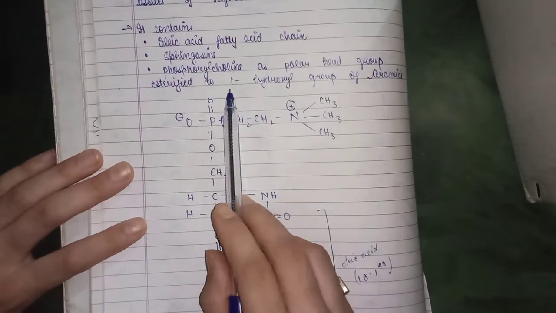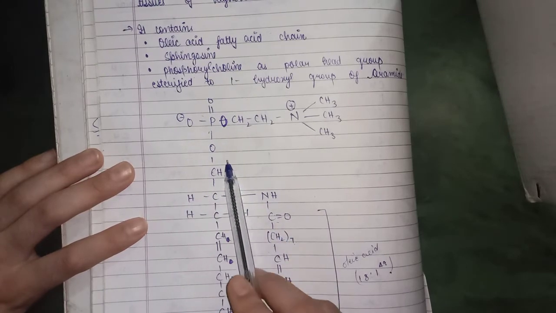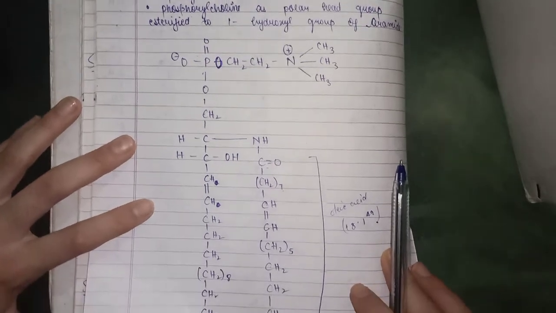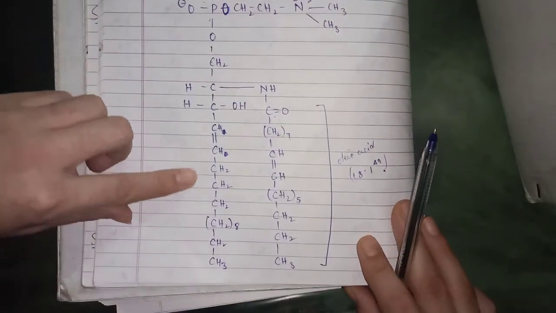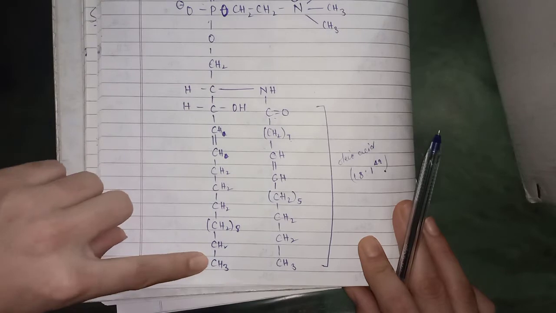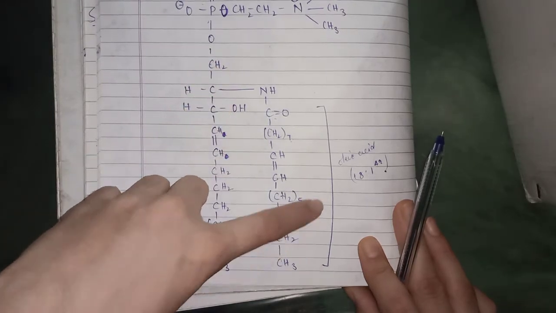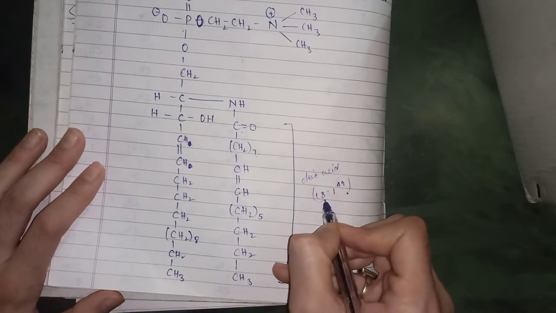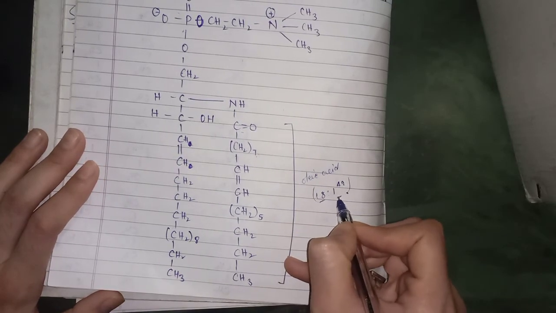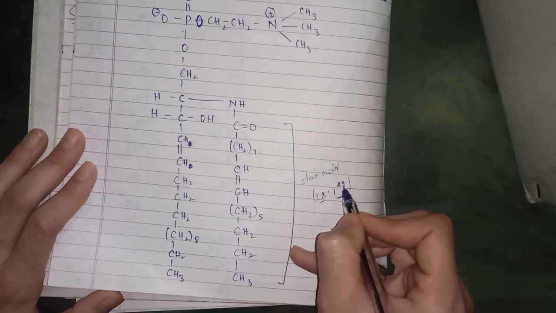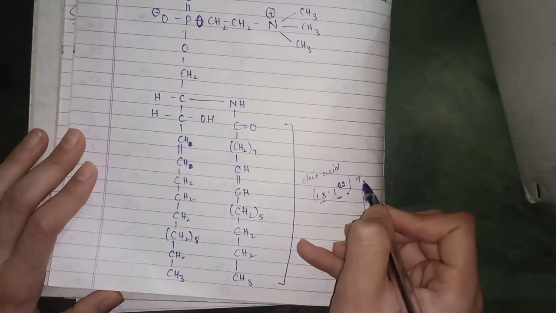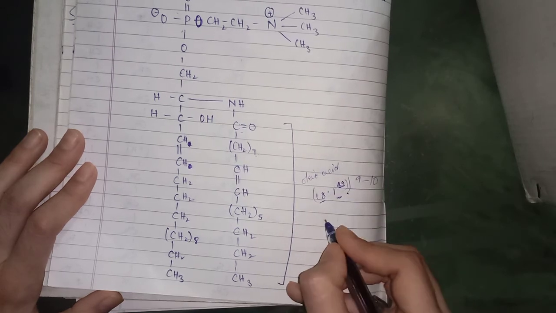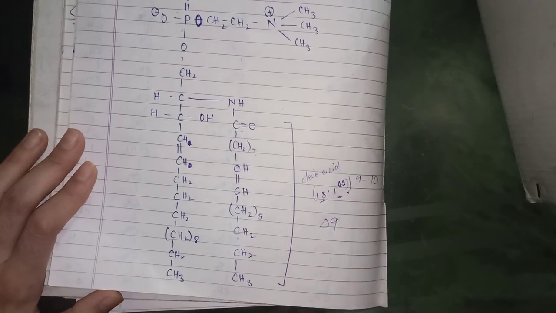Now see here, this is the phosphorylcholine, phosphatidylcholine, and this is the molecule of sphingosine which is linked with the oleic acid. This is the 18 carbon oleic acid, with one unsaturation present between the 9th and 10th carbon. That is why here we mention delta 9.